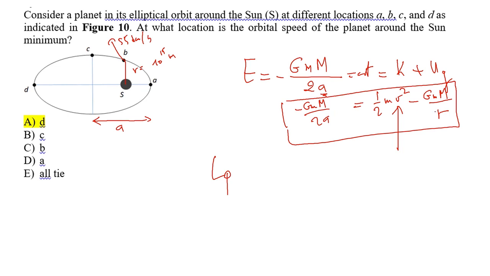Because by giving you v, I'm giving you the kinetic energy. By giving you r, I'm giving you the potential energy. And then the only unknown will be a. Of course, I will give you the mass of the sun at least, because you will see that the mass of the planet will kind of simplify. Or I'll give you both masses.